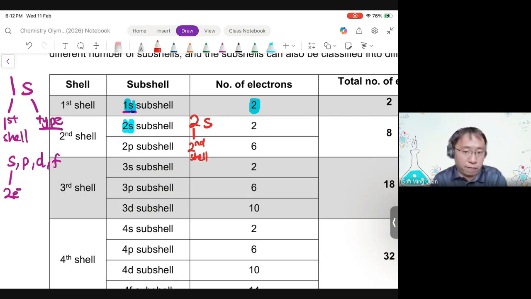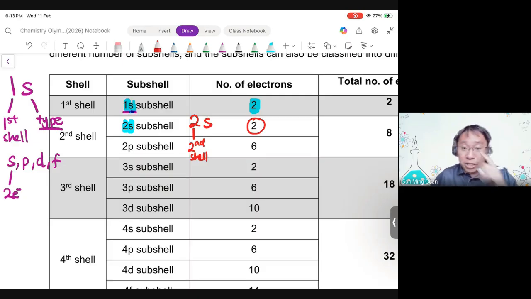So 2S refers to the S subshell from the second shell. And because it's an S subshell, it also holds 2 electrons only. So an S subshell always holds 2 electrons maximum. Doesn't matter which shell it's from, so long as it's an S subshell, it will always hold 2 electrons.